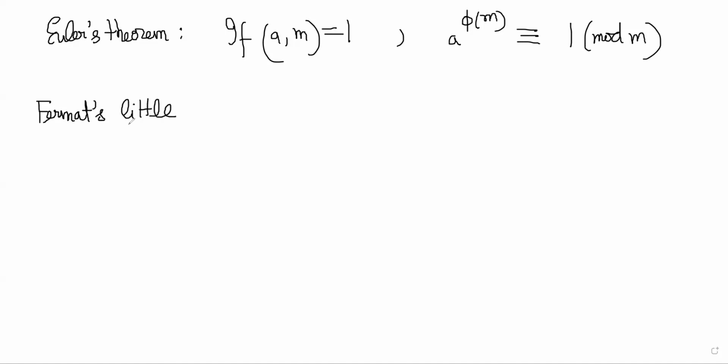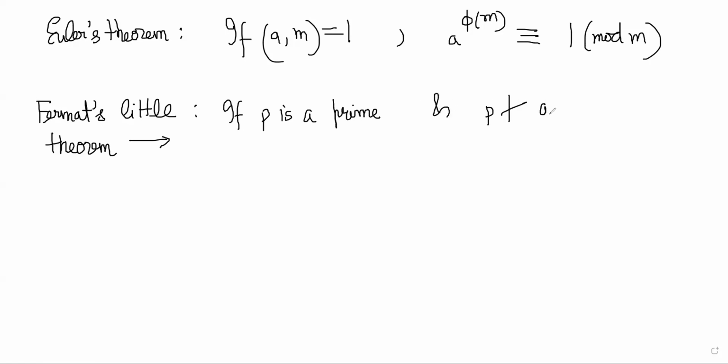This theorem says if P is a prime and P does not divide A, then A power P minus 1 is congruent to 1 mod P.